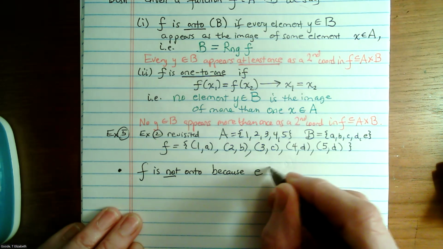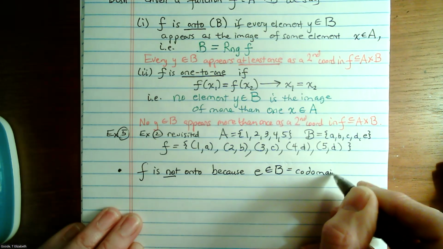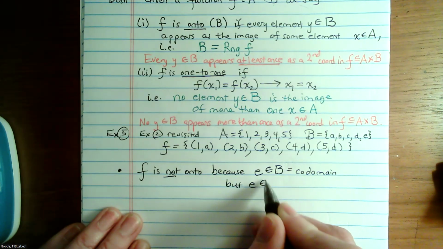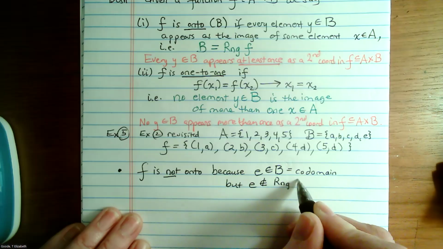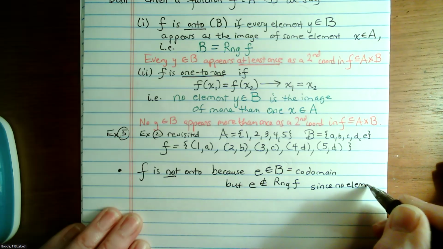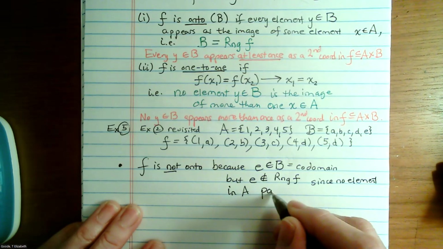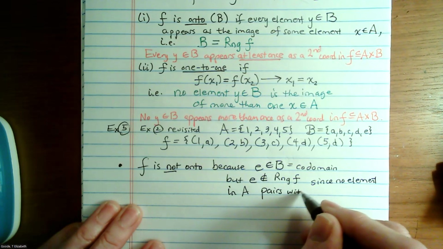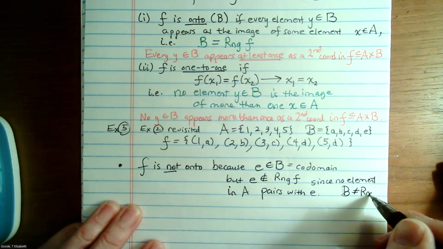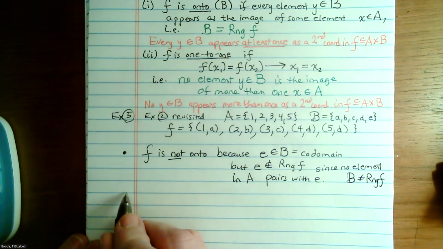So because little e is in B, which is the codomain, but e is not an element of the range of F, since no element in A pairs with e. So B is not equal to the range of F. Everything has to get hit by an arrow for F to be onto.